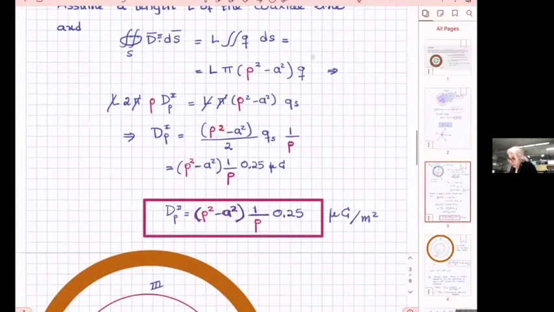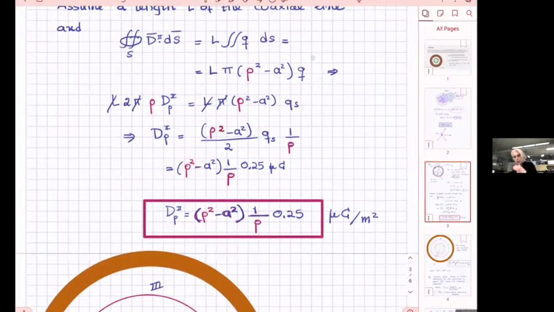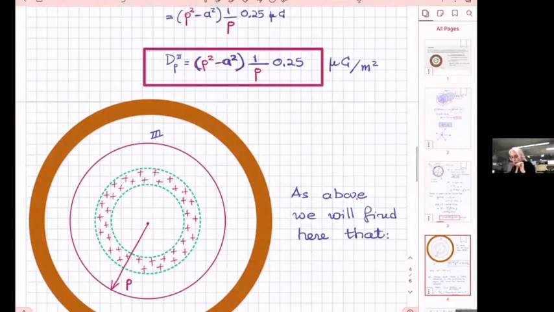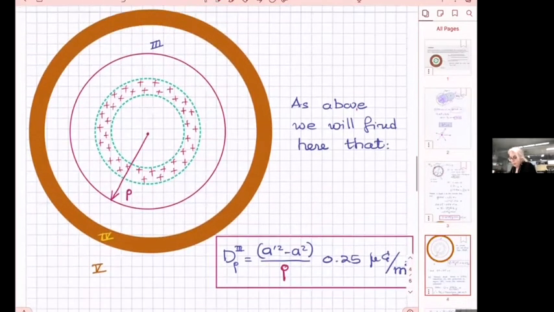Okay? So I'm going now systematically from one region to the other. Now that I'm done with region 2, I'm going to region 3. And I do exactly the same thing. All right? In region 3, the only difference from region 1 is here. The only difference between 1 and 3 is that in 1, when we did the integral over a volume, we did not capture any charge.